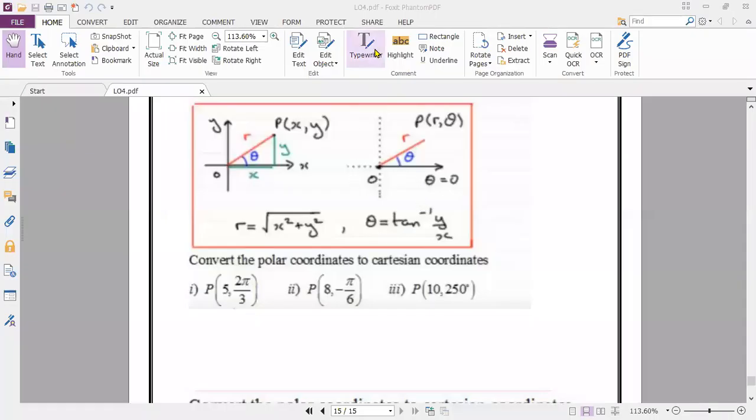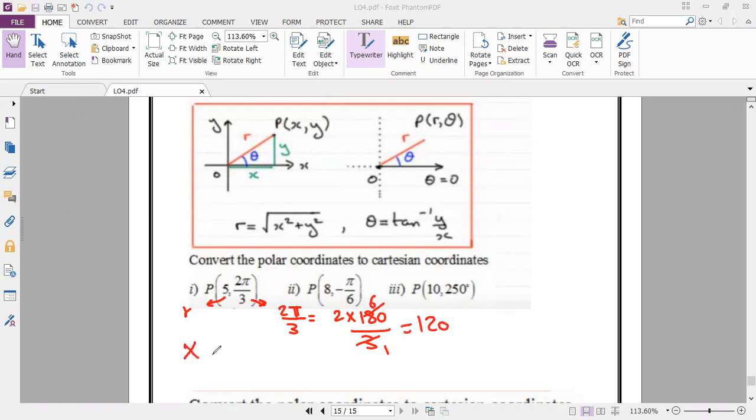How can we convert from a polar system to Cartesian coordinates? We have here r and we have here the angle. The angle is 2 pi over 3. You know, 2 pi over 3 in radian measure, we can write in degree measure. It's 2 times 180 over 3, so the angle is 120.